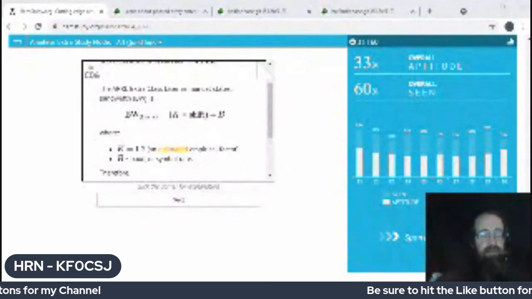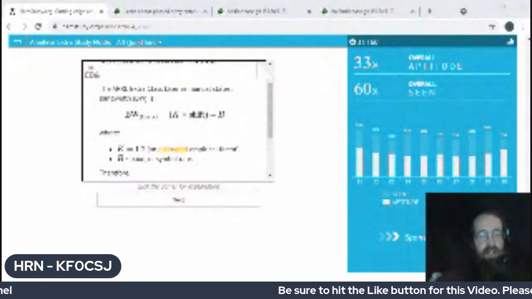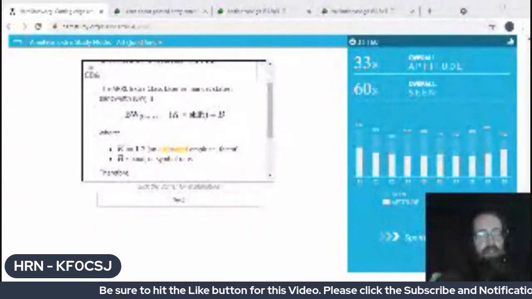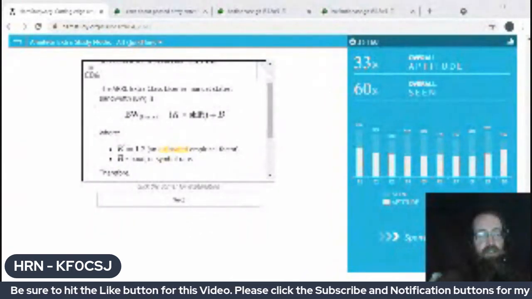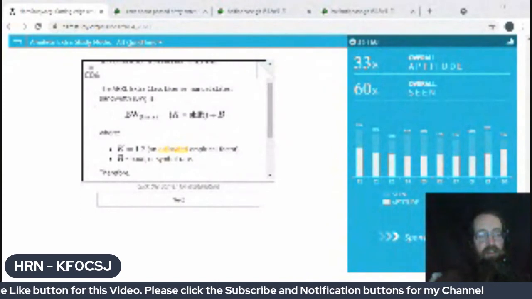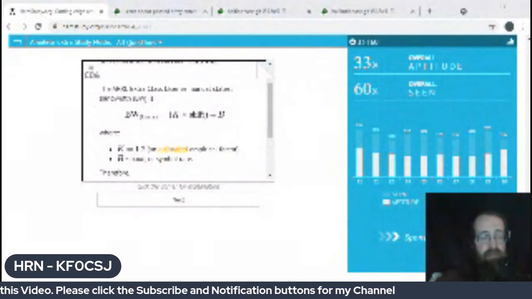The reason I guessed C is because I believe WSJT-X is... and I don't have that up.